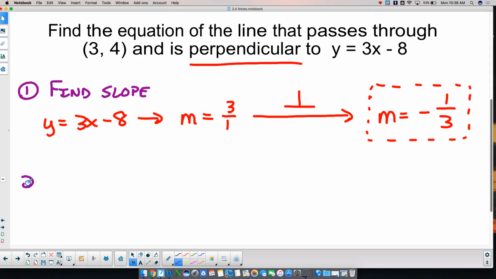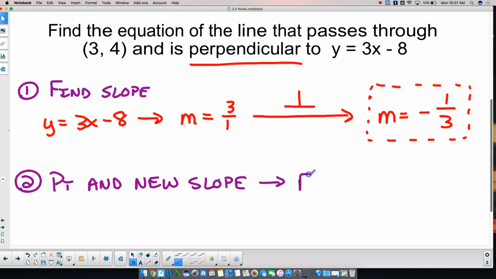So now I use the point and my new slope to get my equation.